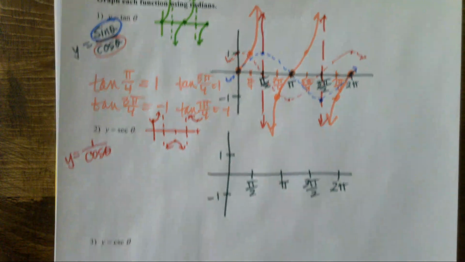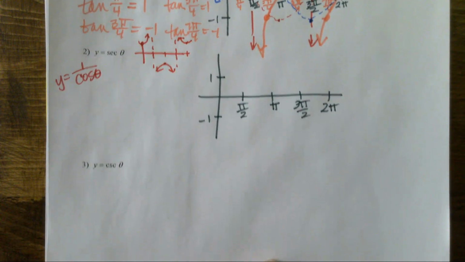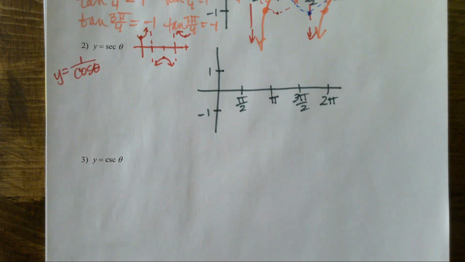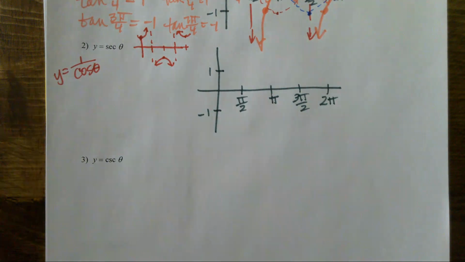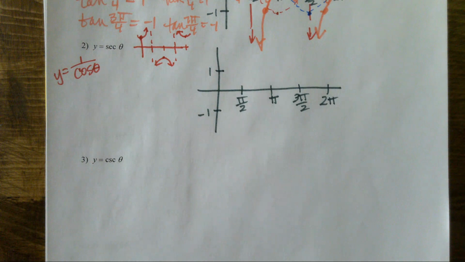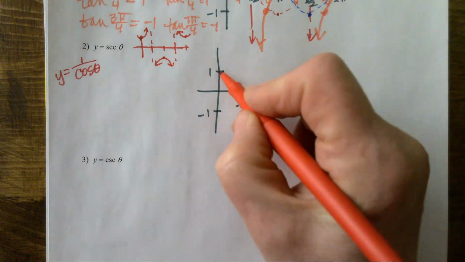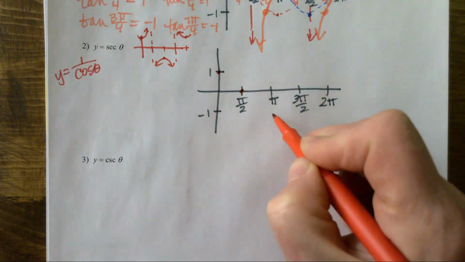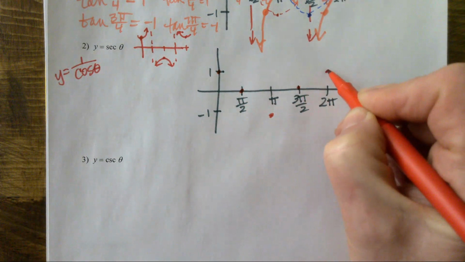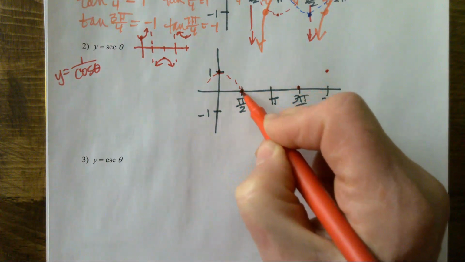Slide this up. I think I gave people enough time to finish off that tangent graph. Again, I'm going to graph the cosine. Just a quick sort of cosine graph to help me remember where my asymptotes are.